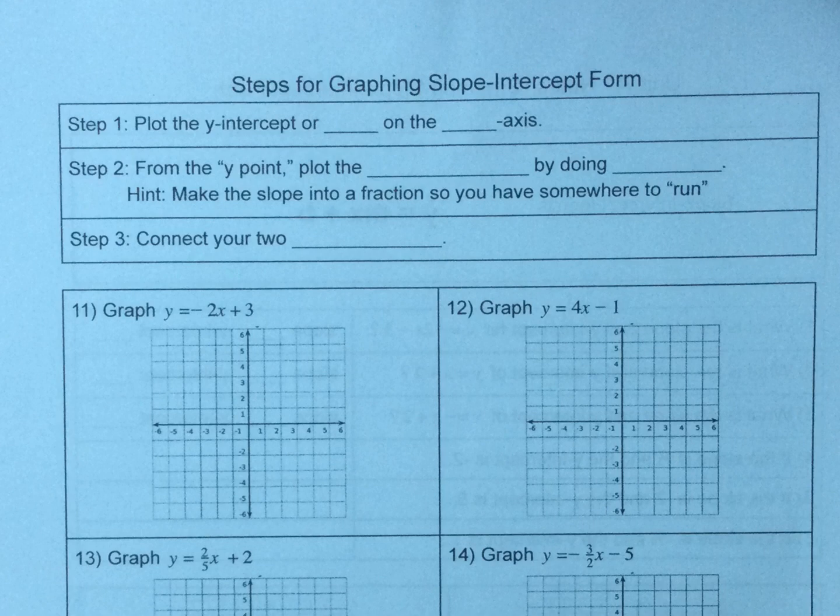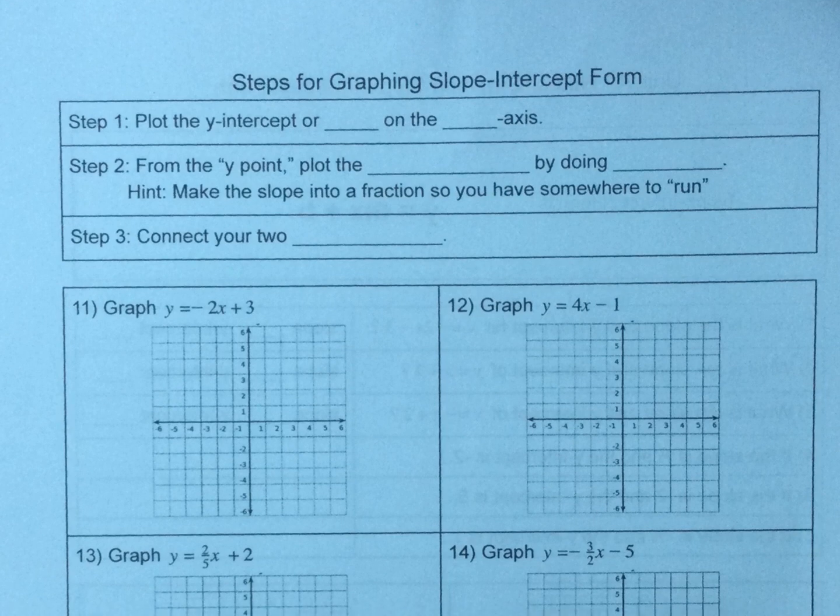Now we're going to switch gears and we are going to have the equation and we're going to draw the line. So we're going to do the opposite. There's 3 steps when you do that. You plot the y or the b, the letter b, whatever that is, on the y-axis. So on your up and down line, you'll put a dot wherever the b says to.